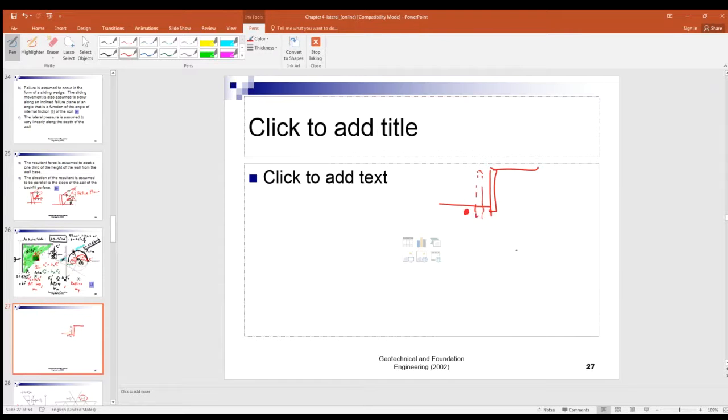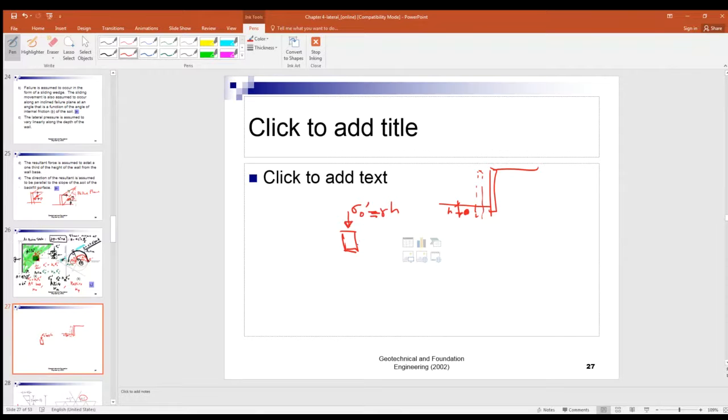What about the soil element here? If that is sigma naught dash, of course this sigma naught dash is very small. If that is h, then that is gamma h.